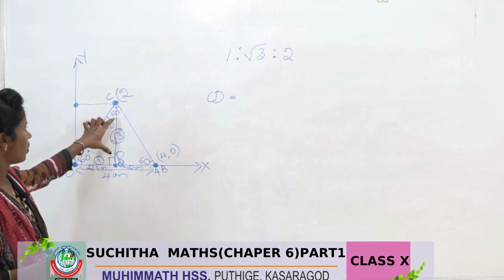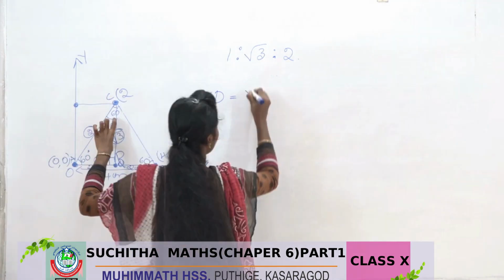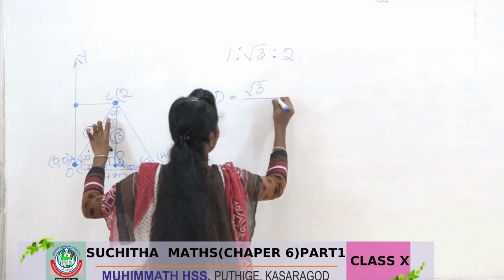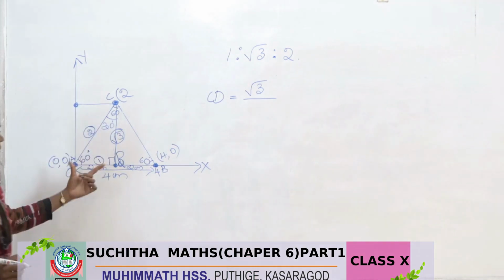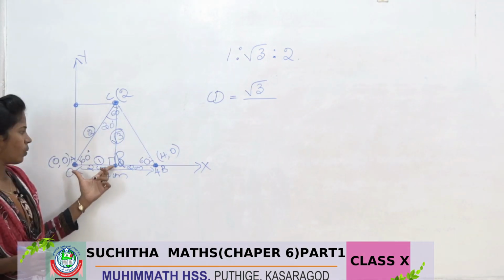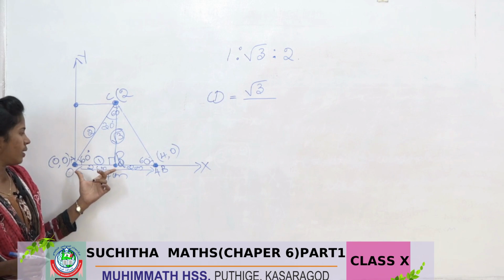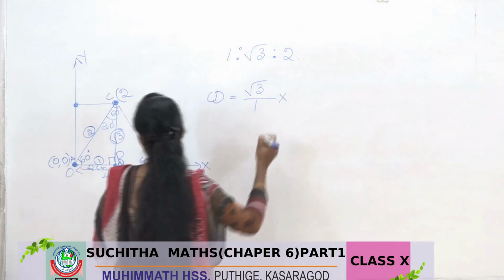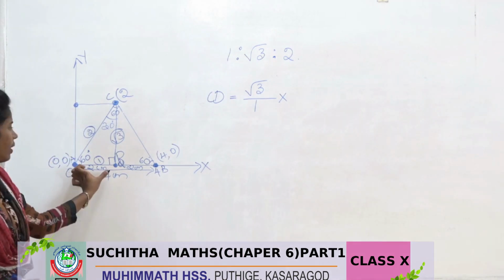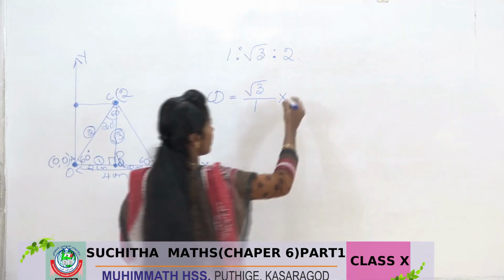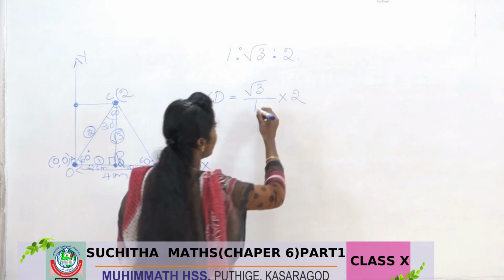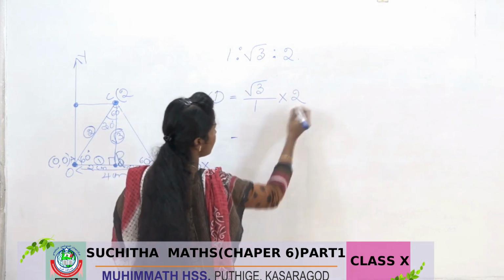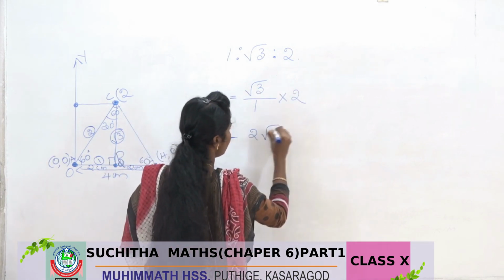Root 3. Root 3 divided by, in this triangle which length is given? OD length is given. So its ratio is 1. 1 into the length. What is the length of OD? It is 2 centimeter. This root 3 by 1 is root 3. Root 3 into 2 is 2 root 3.